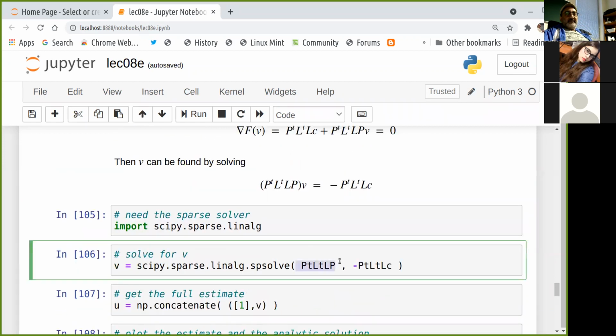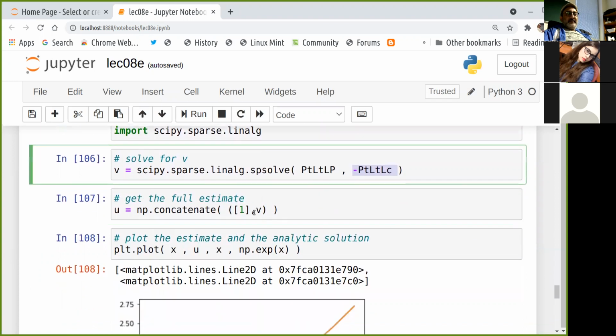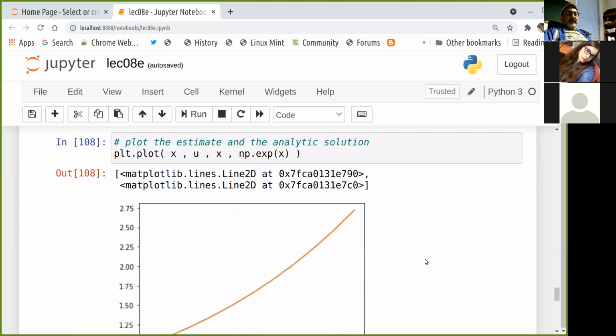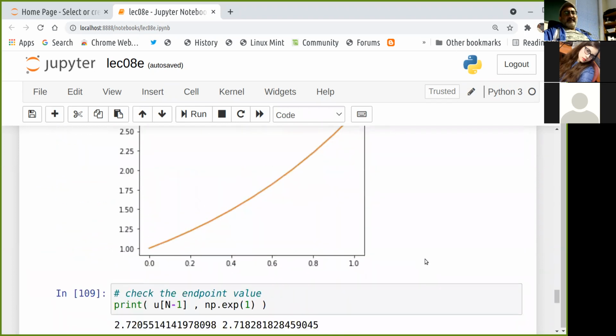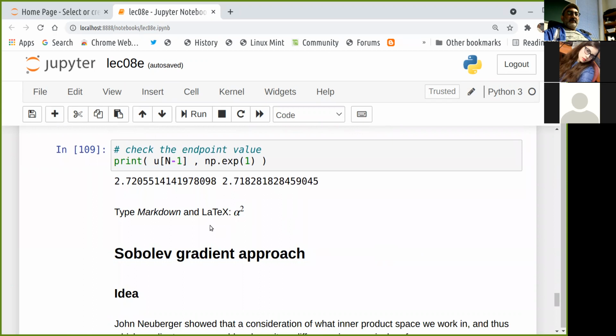This is the left-hand side here, and this is the constant vector on the right-hand side. So I'm going to ask for the solution. That gives me my V. Once again, I need to concatenate an initial 1 with that V. And now if I plot it, well, I get exactly the same results that I had before. Okay.